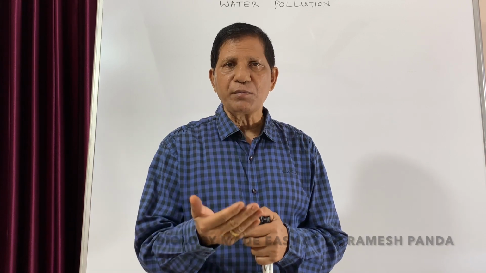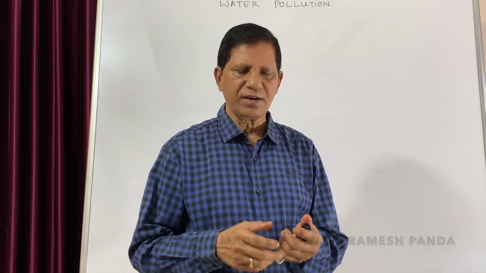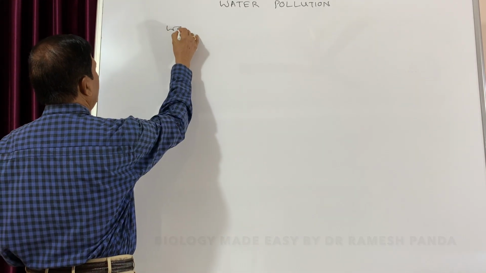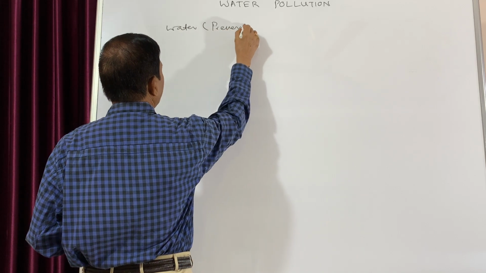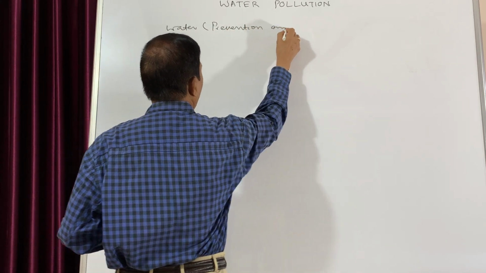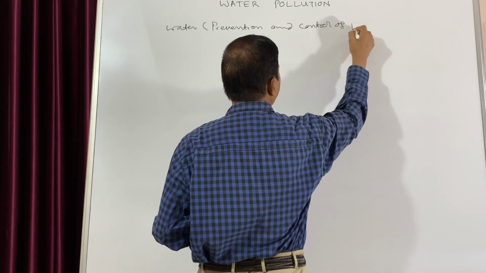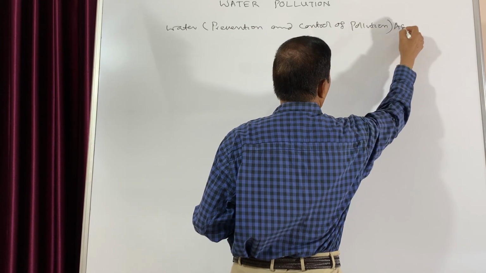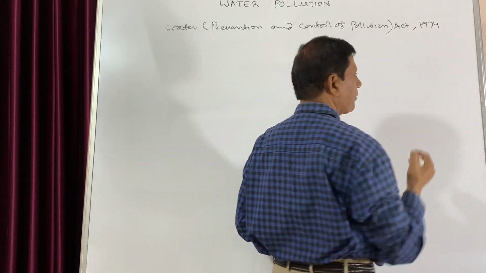Now, realizing the importance of water pollution, the Government of India brought in an act, and that act is known as the Water (Prevention and Control of Pollution) Act, 1974.